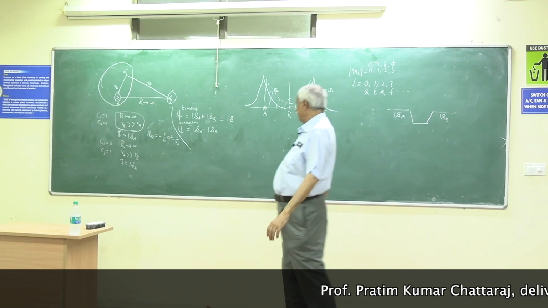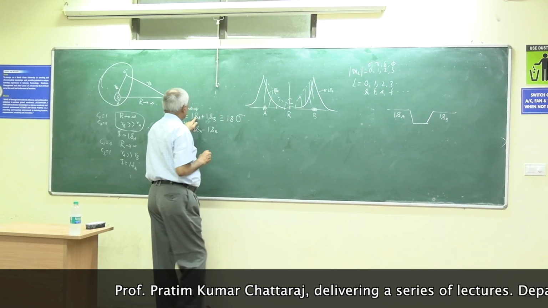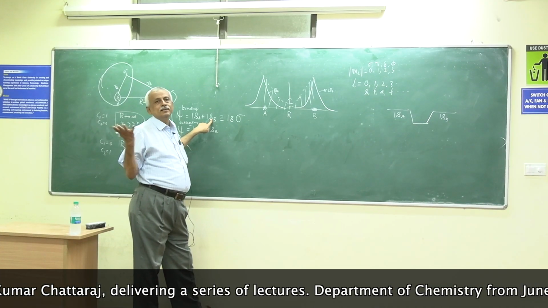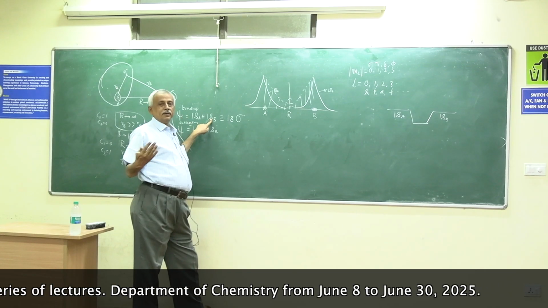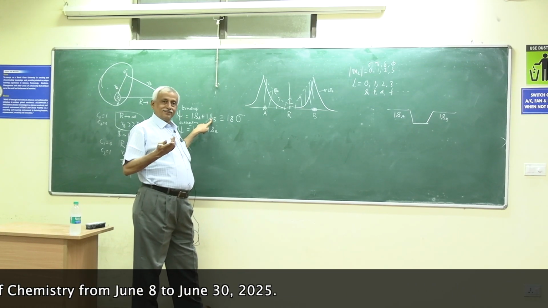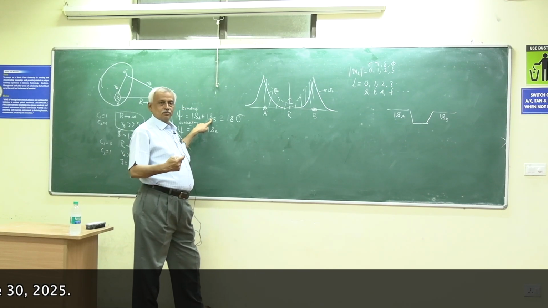Okay. So I will call this 1s sigma. Why sigma? Here total L is 0 plus 0, means 0. What should be its component? 0 can have only component 0. If it is a p orbital, L is 1, so its component can be 1, 0, minus 1.